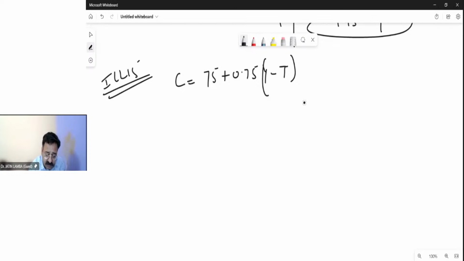They have expanded it themselves. Now see what the other things are that are given. Investment I is equal to 80. Total tax T is equal to 25 plus 0.1 y.